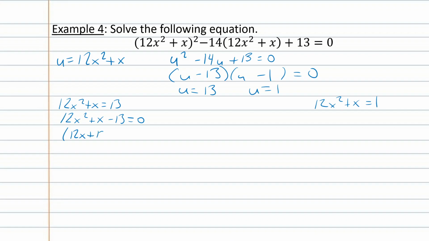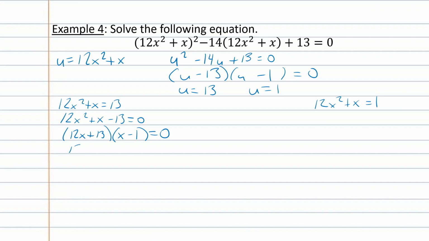So I can factor this into 12x plus 13 times x minus 1. You can double check that for me if you want. 12x and x, 12x squared, 12x and -1, and then 13 and x, subtract to give you a positive x, and then 13 times -1 is -13.